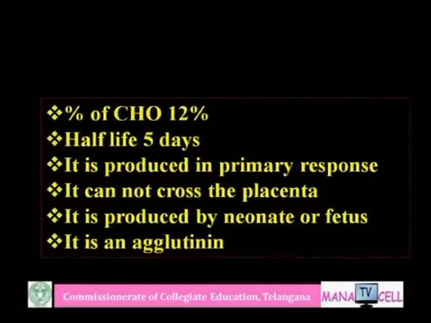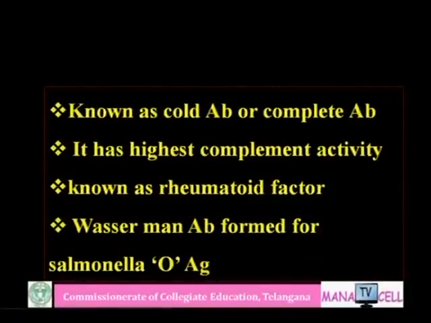Basically, IgM reacts with particulate antigen, and that process is known as agglutination. That is why this antibody is also called agglutinin, and also known as cold antibody or complete antibody, because the reaction is stronger at cold temperature compared with the other antibodies, specifically IgG.